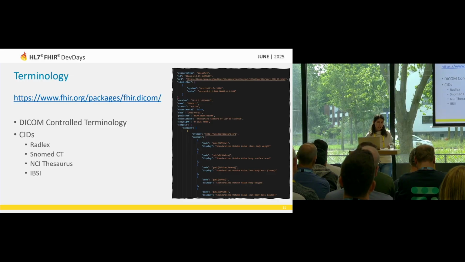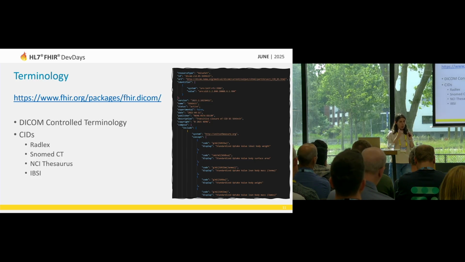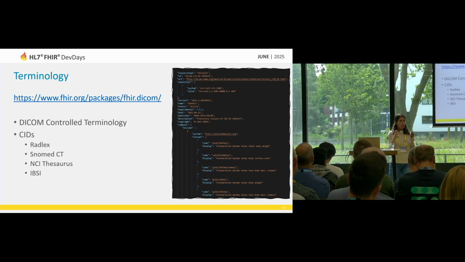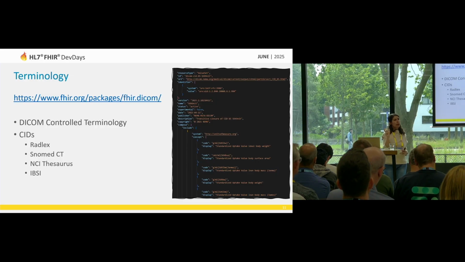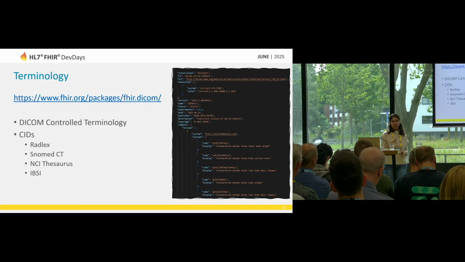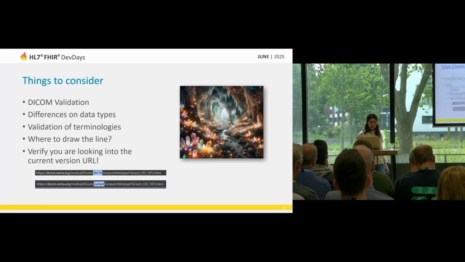This DICOM package includes the DICOM controlled terminology, so the codes defined by DICOM, the code system from DICOM, and these context groups, which is more or less the equivalent of a value set. So in some cases you have RadLex values, in some cases you have SNOMED values, and so on.